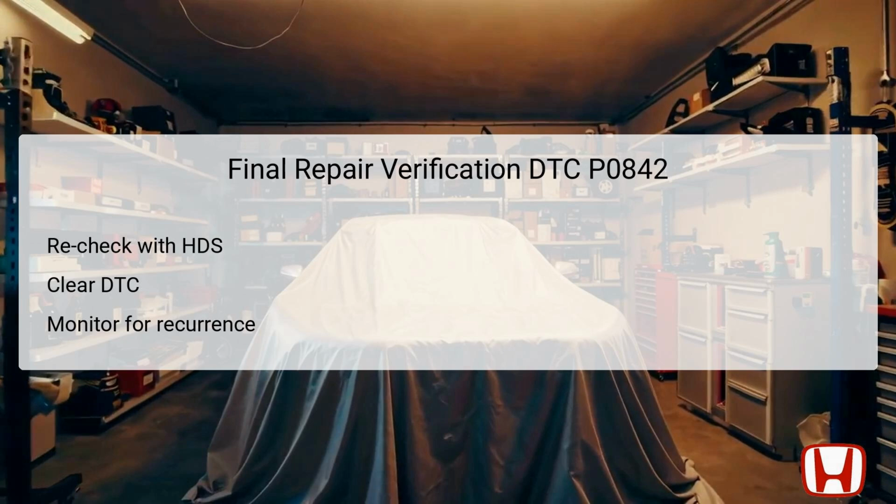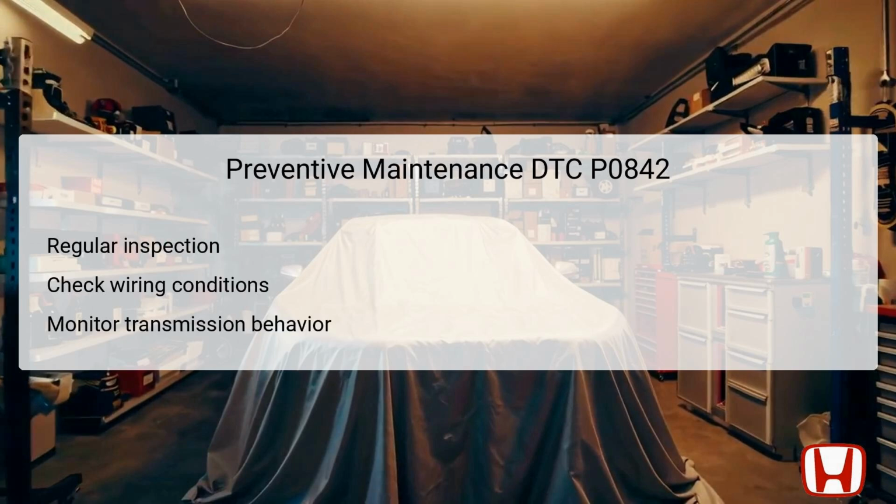To avoid the recurrence of issues similar to DTC P0842, implementing preventive maintenance strategies is vital. Regular inspections of the transmission fluid pressure switch and associated wiring can identify potential issues before they lead to a DTC. This includes visually checking for signs of wear, corrosion, or loose connections that might compromise the electrical integrity.